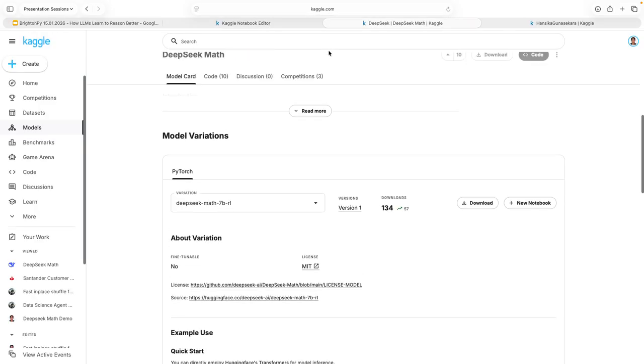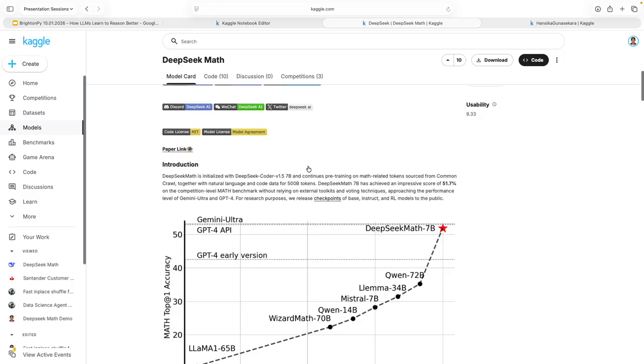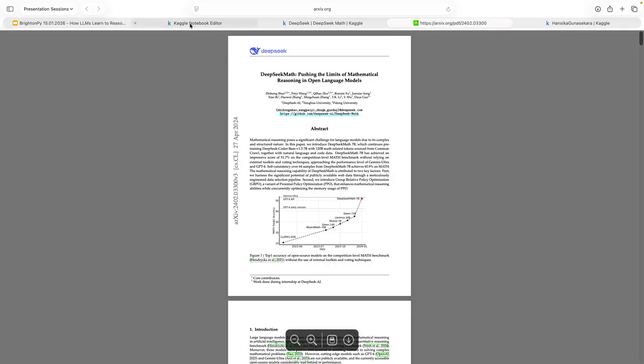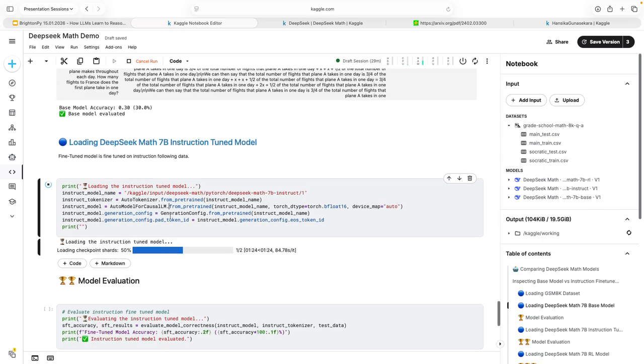If you are interested, check out the DeepSeek math model page, where you will find a link to the original DeepSeek paper. Still the instruction tuned model is loading.